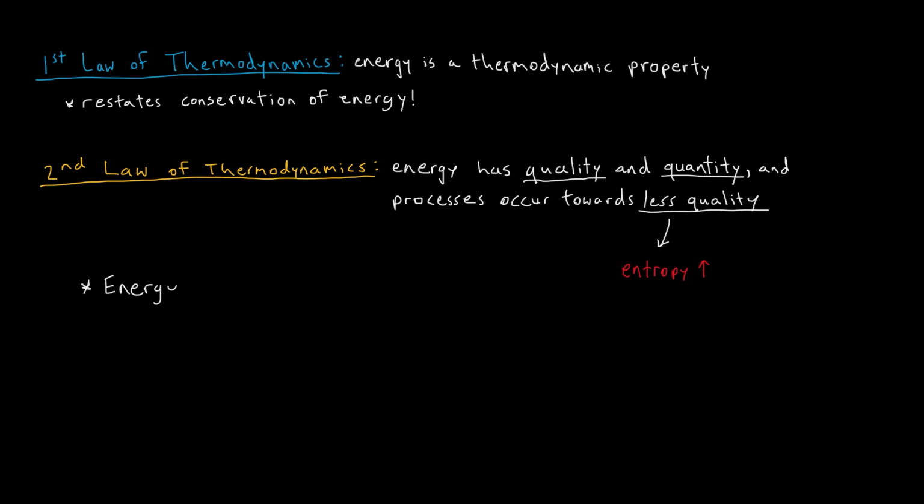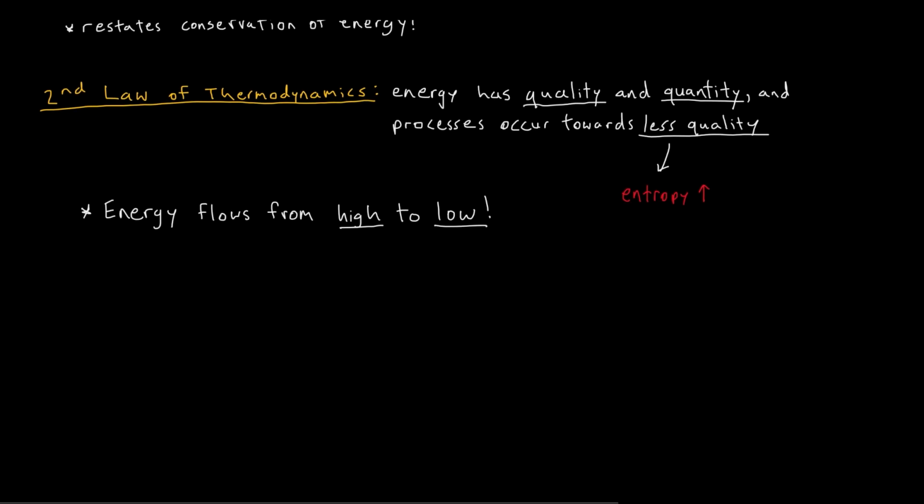And now from this, I'll go ahead and draw out another fundamental principle, which is simply that energy flows from high energy to low energy. So what exactly does this mean?